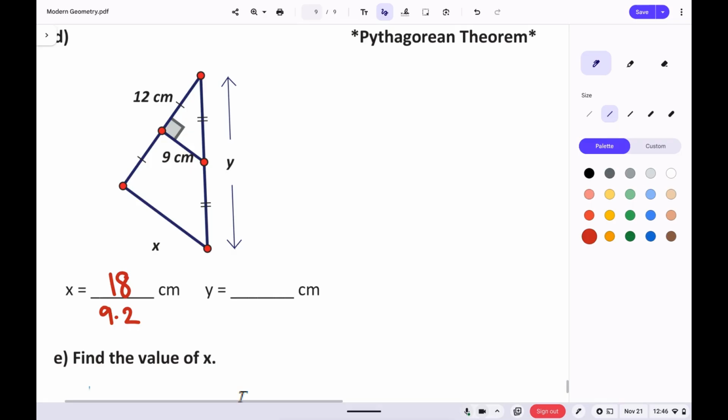If I look at my picture, using what we just talked about, the left side of the triangle is 12. So if this side is 12, how much is this side right below it? It's also 12. So how long is this entire side? This is 24. Okay, we know x now is 18.